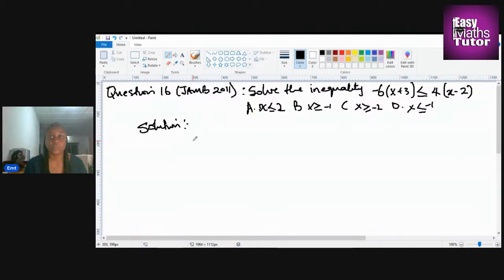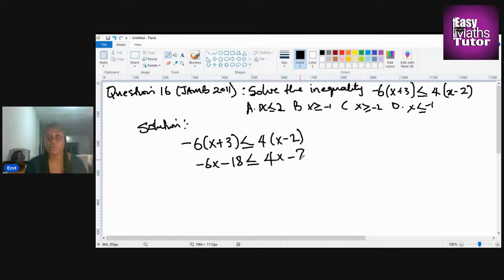So let's go right ahead and say minus 6 times x plus 3 less than or equal to 4 times x minus 2. We open up the bracket. Minus 6 times x is minus 6x. Minus 6 times 3 is minus 18. Less than or equal to 4 times x gives us 4x. 4 times minus 2 gives us minus 8.